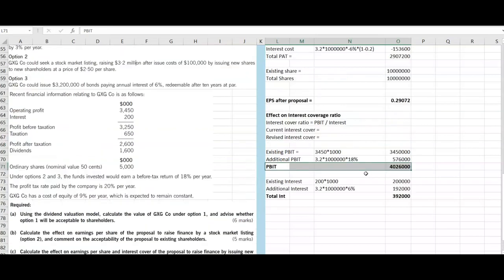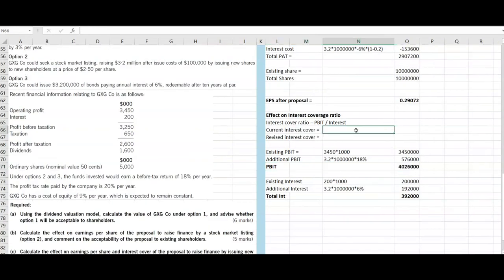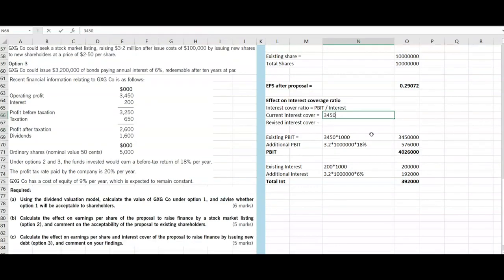Okay, so we got our PBIT and we got our total interest. So we'll start with the current interest coverage ratio. So the current or existing interest coverage ratio works like this. Our PBIT, which is 3450, if you want you can have the thousands, or you can also just cut it off. So I think we can have the 3 zeros also.